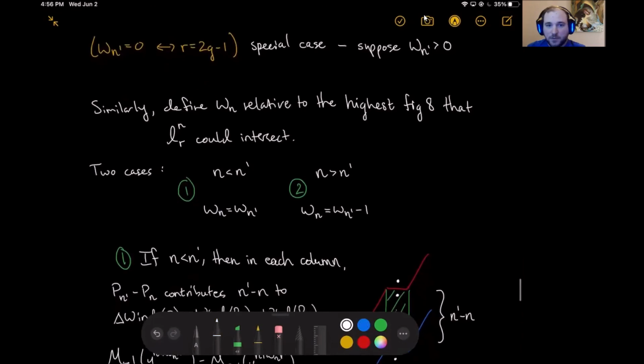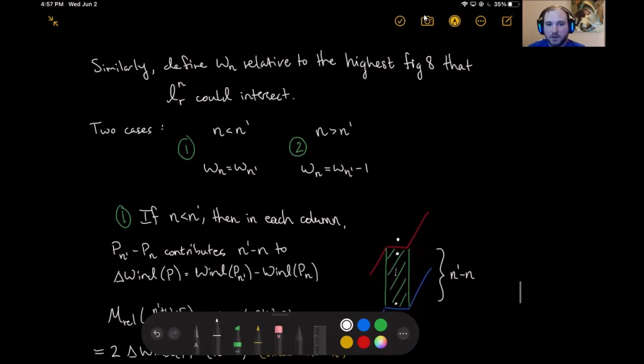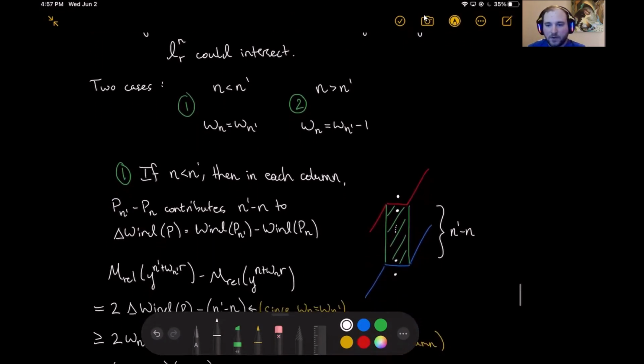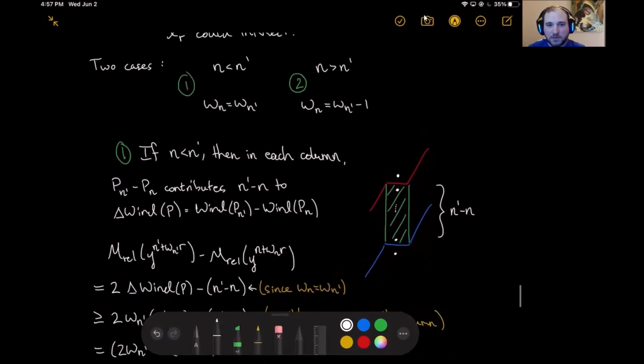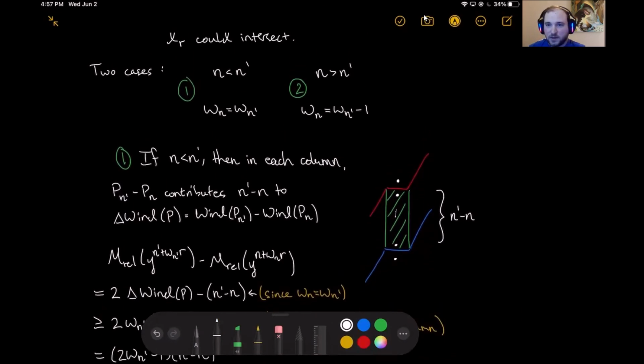And then you can do the same thing for omega n, any other spin-C structure, and you could define this number of column count relative to some supposed figure 8. You're trying to pick the largest figure 8 that it could possibly hit, but even then, the expectation is that you wouldn't be able to match the grading difference. For brevity, I'll just go over the case when this spin-C structure that you select, n, is less than n prime.